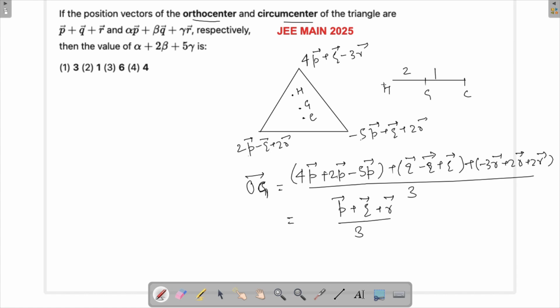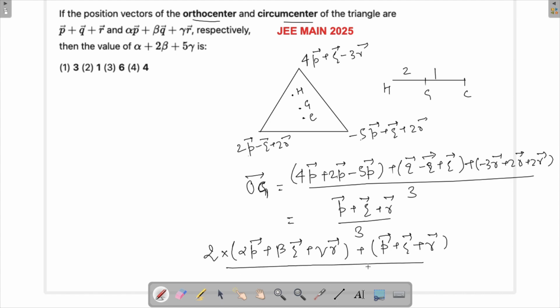We've also got our orthocenter and our circumcenter. So we make use of the section formula, using the information of H and C. So 2 times the circumcenter, 2 times (alpha p plus beta q plus gamma r), plus 1 time the orthocenter (p plus q plus r), divided by 3 should be equal to the centroid.